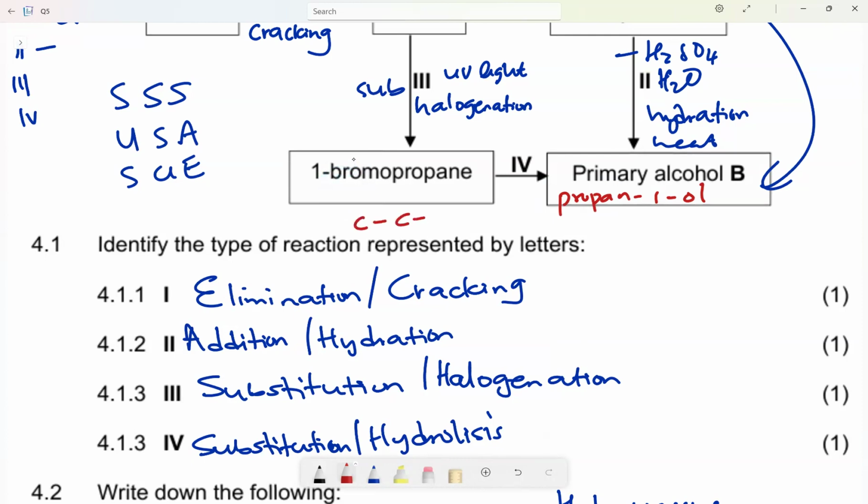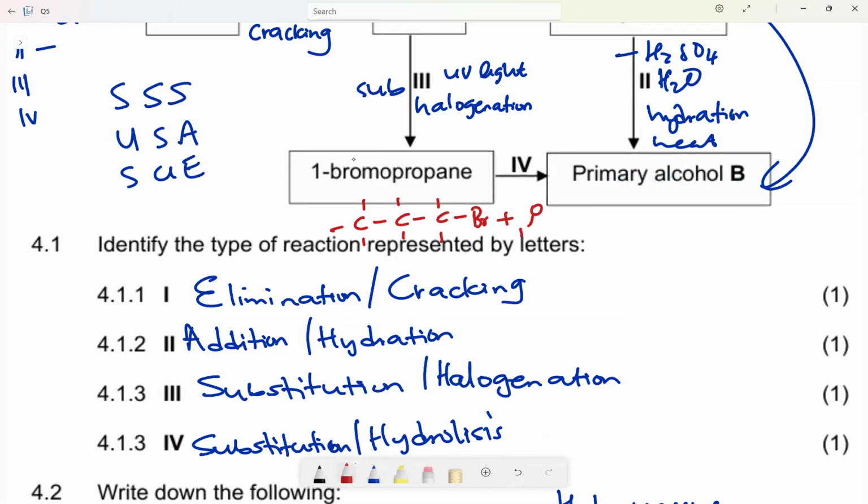Propane, it is 3. And on carbon number 1, we have OH, right? Remember, in a substitution reaction, we are going to substitute the Br. This is Br, and it reacts with water.